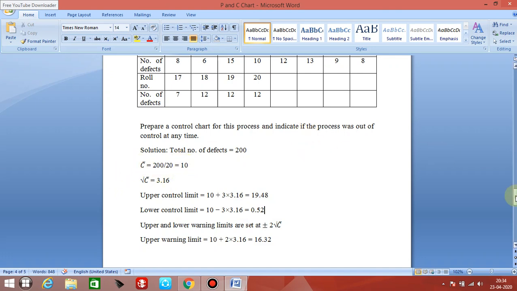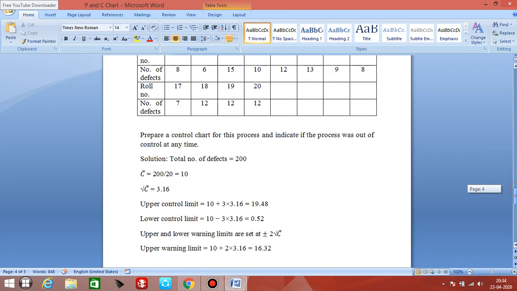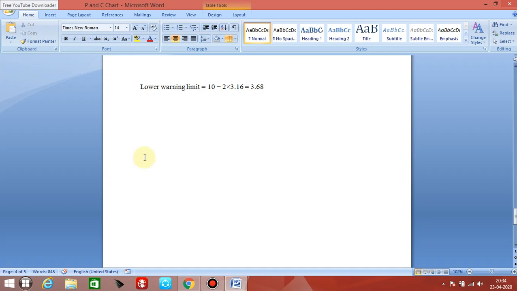Now you have to plot the dots, that is the number of defects. For roll number 1 you plot 12, roll number 2 is 8, roll number 3 is 5, like that you continuously plot all these points. Then you join the dots with straight lines.